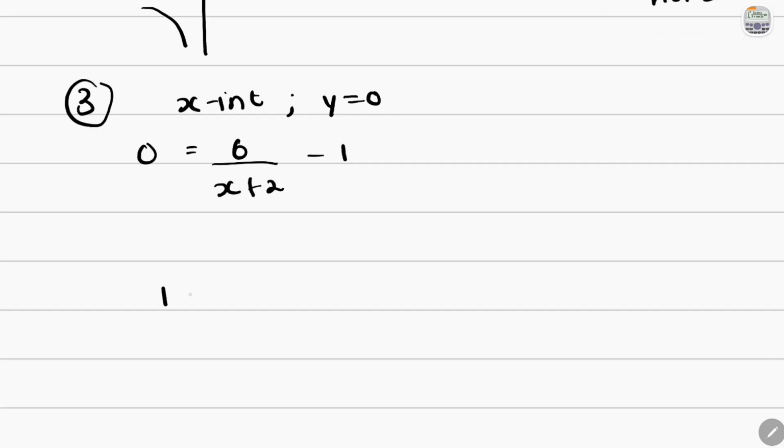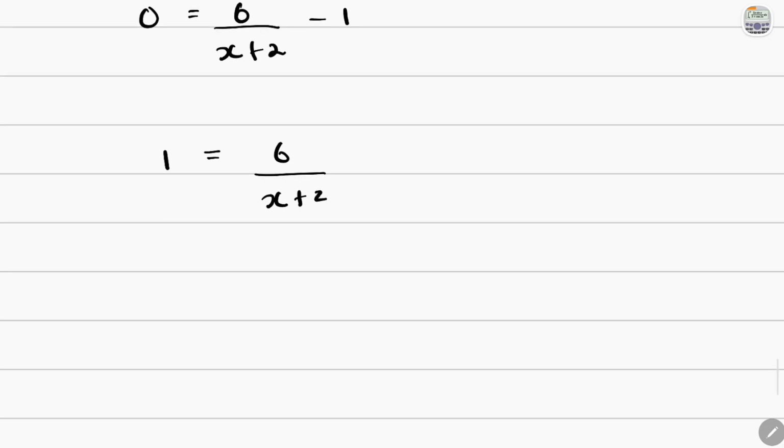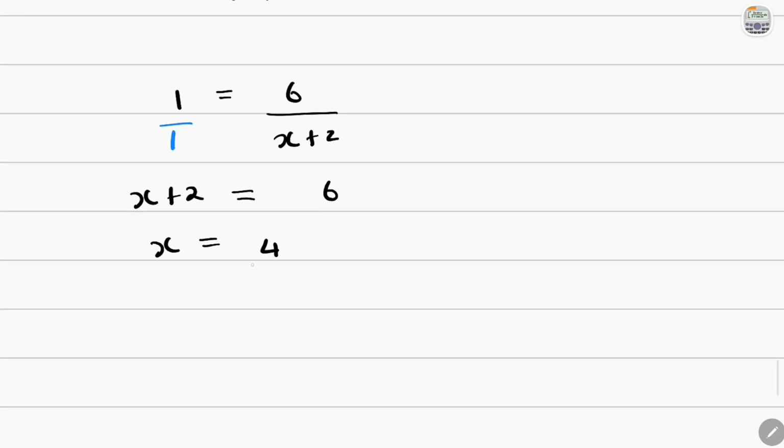You can take this over and it becomes positive 1 is equal to 6 over x plus 2. Then we can cross multiply. Put this over 1 and cross multiply. So 6 times 1 is just 6, and anything times 1 stays exactly the same. Transpose the 2 and you have x is equal to 6 minus 2, which is 4. So we have an x-intercept of (4, 0).